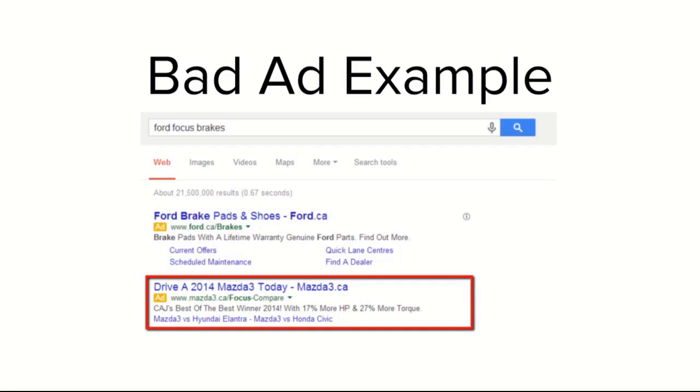They're obviously probably trying to order some brakes or brake parts online for their Ford, and they don't really seem to be in the market for a new car. So in this case, I just think it's a really bad use of their ad dollars.